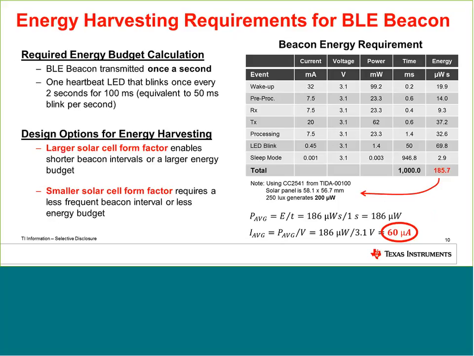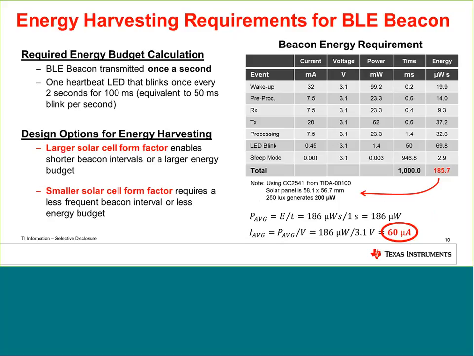On the right side, we can see the requirements: how much current we have for wake up, pre-processing, receiving, transmitting, processing, LED blinking, and sleep mode. That's all at 3.1 volts, and we can calculate the required power, and we also have the time in milliseconds for each duration.